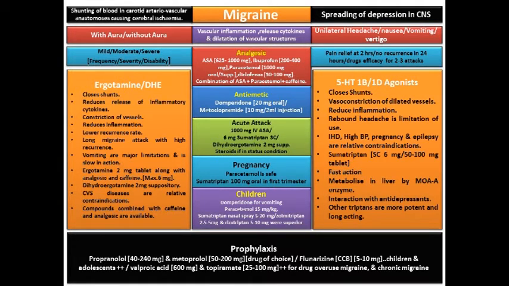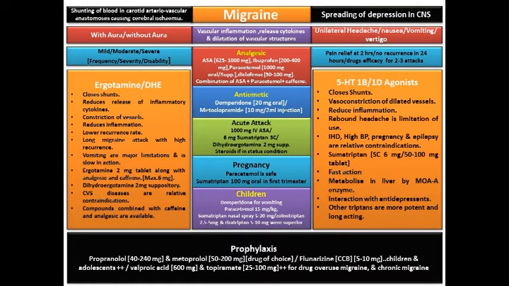Dihydroergotamine or ergotamine can also be used for treatment, but because of their side effects, maybe you reserve them for resistant cases or for people having long attacks of migraine with high recurrence rate. But remember, vomiting is an issue, so you don't want to use them in those cases.